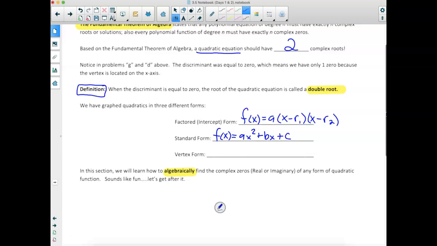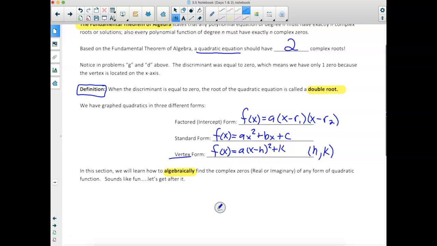It actually wasn't that bad because all we had to do was find the vertex and do the 1, 4, 9. Vertex form was the easiest, where we had f of x equals a times x minus h quantity squared plus k, and they called it vertex form because our vertex was located at opposite of h, same as k. And then we could plot that vertex, 1, 4, 9 it, done deal.